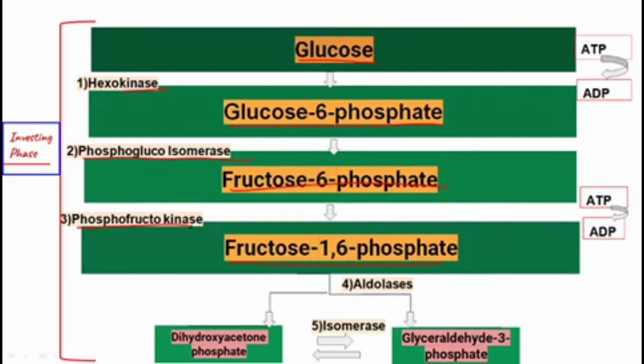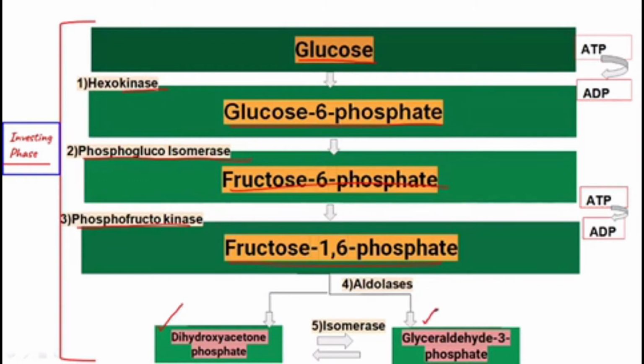In the fourth step, fructose 1,6-phosphate is converted into two products. First is dihydroxyacetone phosphate, which is a ketone and an unstable product. And second, with the help of the aldolase enzyme, fructose 1,6-phosphate is converted into glyceraldehyde 3-phosphate.